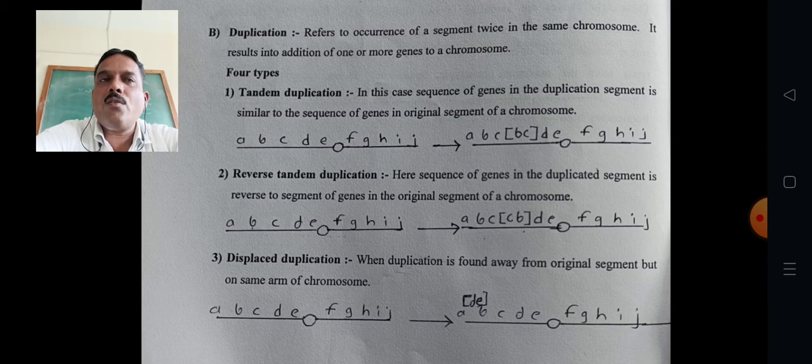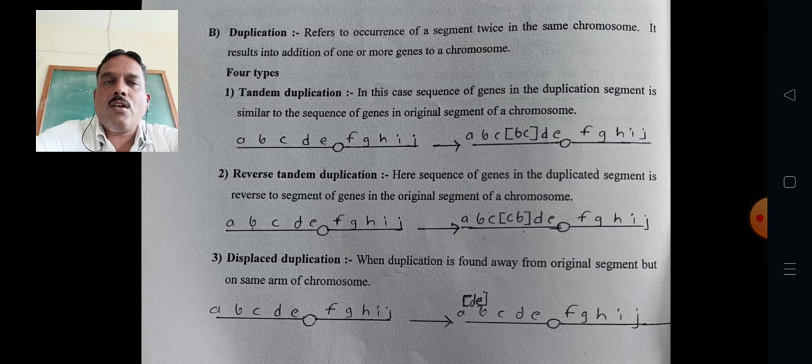That means the sequence of the genes in the duplicated segment is reverse to the sequence of the original segment of the chromosome. Then the condition will be A, B, C, D, E, F, G, H, I, J. But in duplication, A, B, C, the duplicated segment will be reverse. Instead of B, C, it will be reverse, that is CB, then DE.